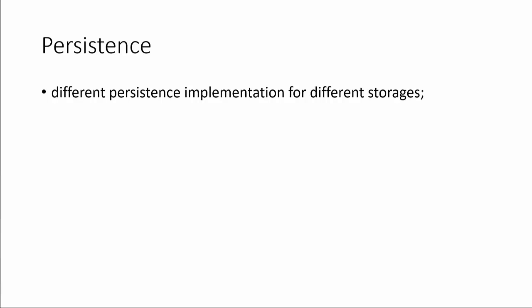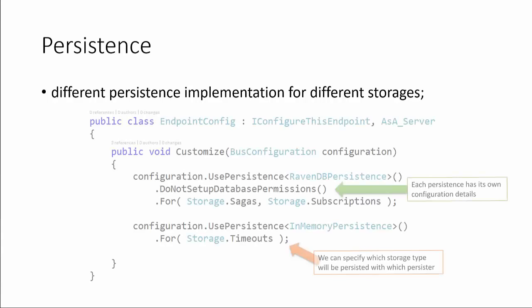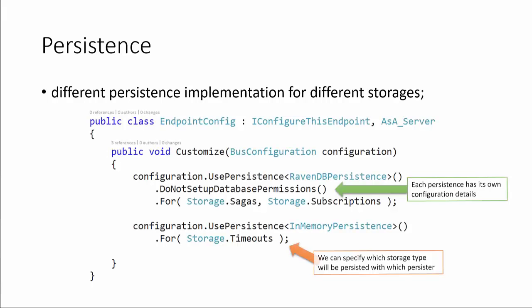From the persistence point of view, we now have a lot of different persistence implementations for different storages. So we can take control over each single storage type and configure it according to our needs. In the endpoint config class, for example, in this sample, I've added the NServiceBus.RavenDB NuGet package.